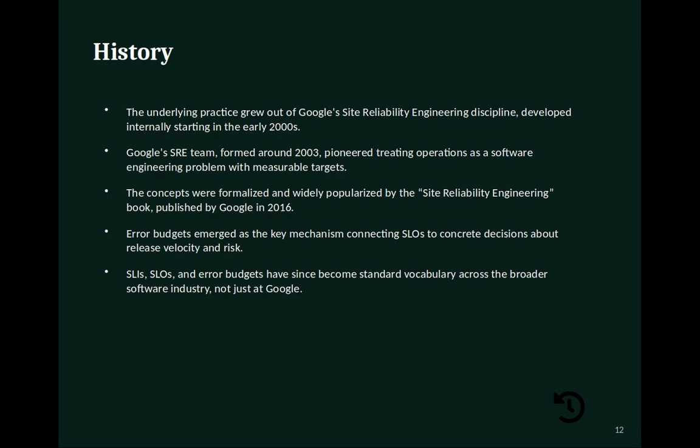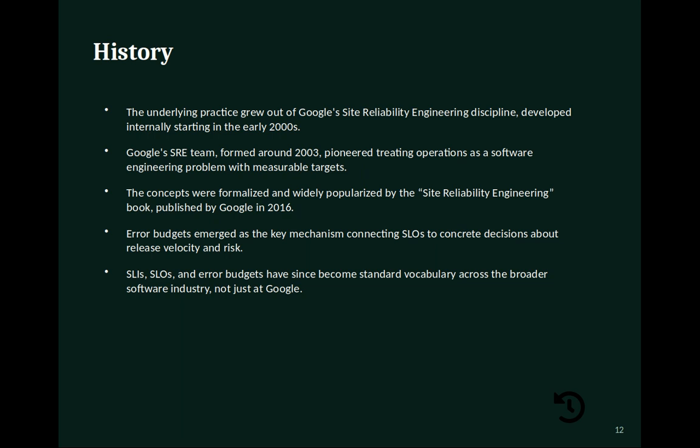History. The underlying practice grew out of Google's site reliability engineering discipline, developed internally starting in the early 2000s. Google's SRE team, formed around 2003, pioneered treating operations as a software engineering problem with measurable targets.